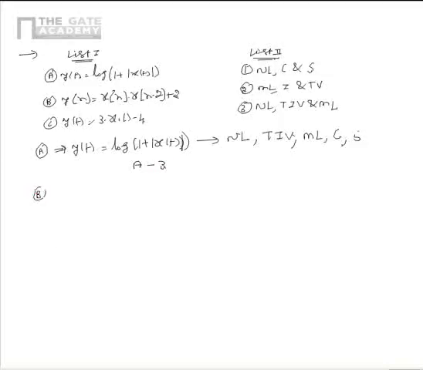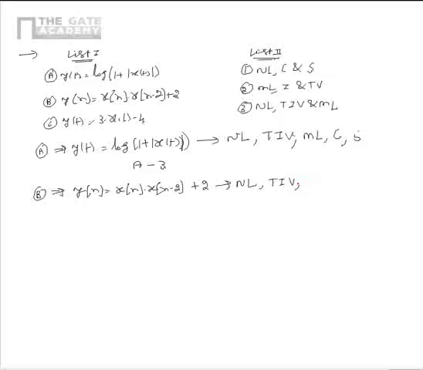Now, let us pick the system in B, that is y of n is equal to x of n into x of n minus 2 plus 2. Here, also we see that the system is nonlinear as it doesn't satisfy superposition principle. Here, the delayed version of input would give delayed version of output, so the system is time invariant.